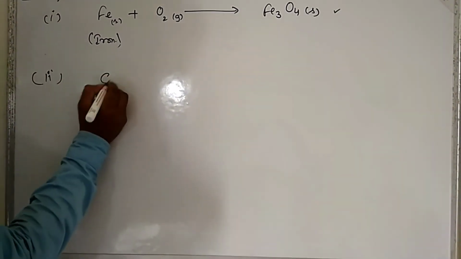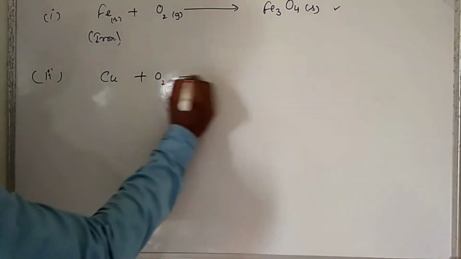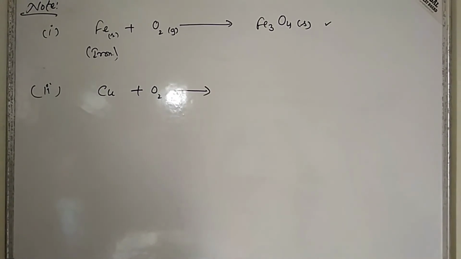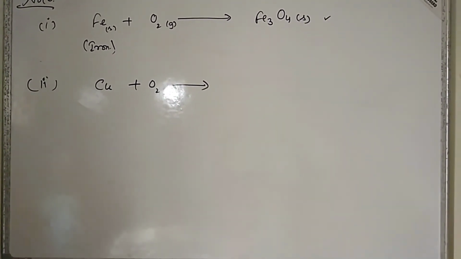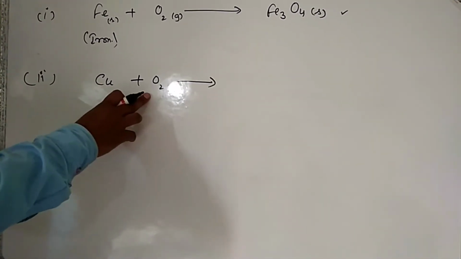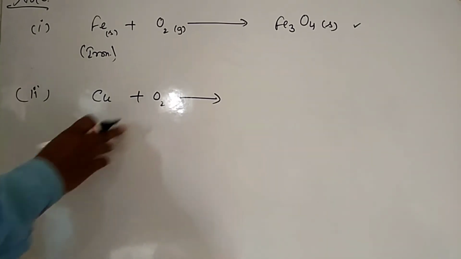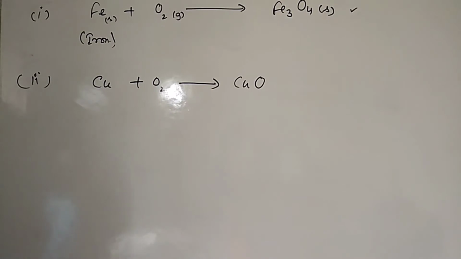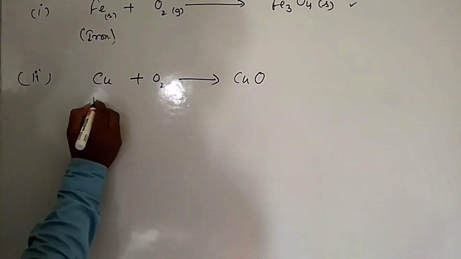copper metal. Copper metal also does not burn in air. Even on strong heating, copper reacts with oxygen of air and gives a black substance that is known as copper oxide, children. Copper is brown in color.